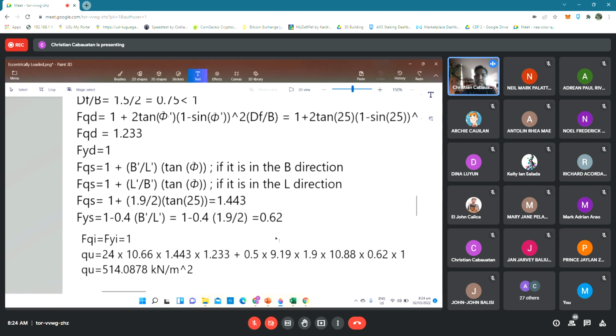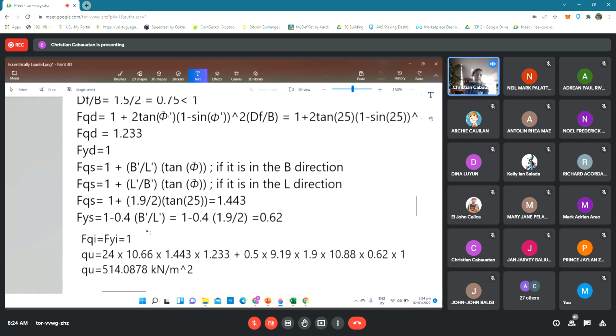Okay? Solving for Fqi, F gamma i, and Fci, since it is not inclined, the foundation is not in the incline, or there is no inclination, the value for that F gamma i, Fqi is equal to 1.